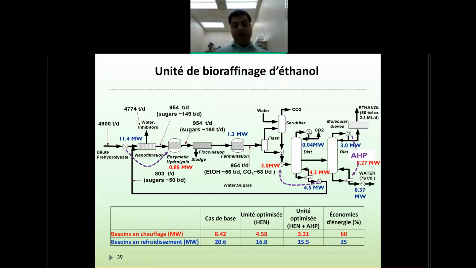Again, by applying heat exchanger network analysis and an absorption heat pump, the total power required for heating and the total power for cooling decreased by 60% and 25% respectively. That's a lot. But I want you to pay attention to this process flow sheet.